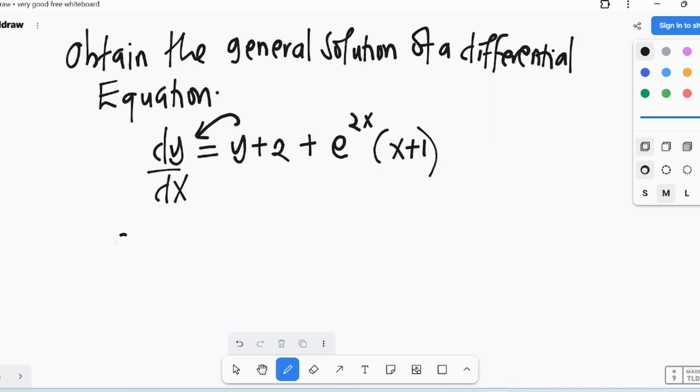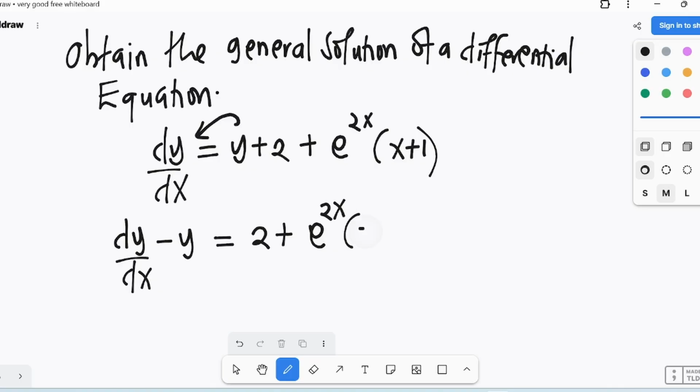So we shall have dy/dx - y = (2 + e^(2x))(x + 1).